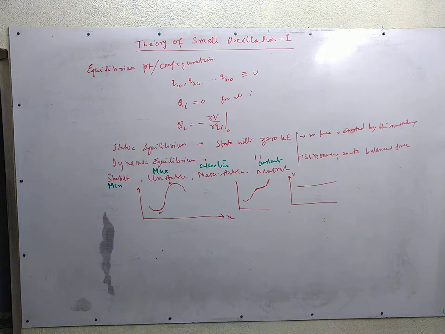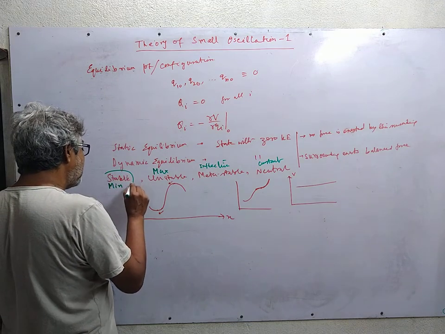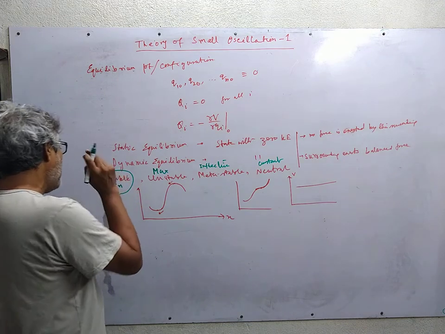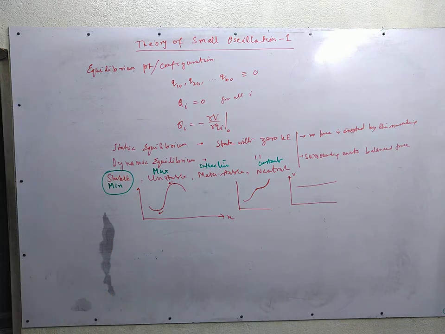The theory of small oscillation that we are going to present will be applicable to a system when it is oscillating with a small amplitude about a stable equilibrium point. So if we want to categorize the equilibrium position from the potential, then we first find the equilibrium configuration.